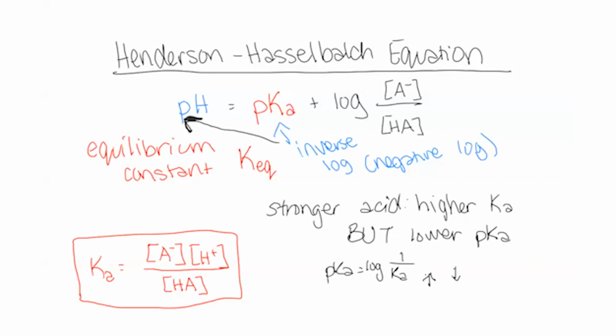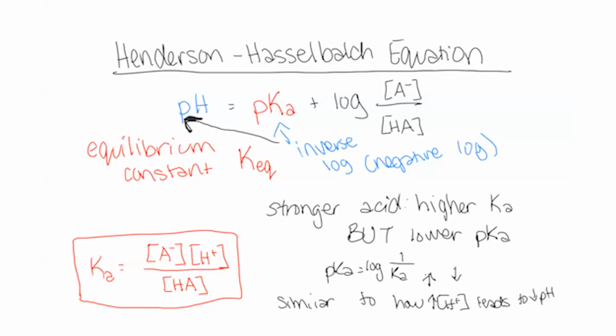And this is similar to how, if you have a higher proton concentration, it's going to lead to a lower pH. So it's the exact same thing with the pKa. What this means is that the stronger the acid is, the lower the pKa.